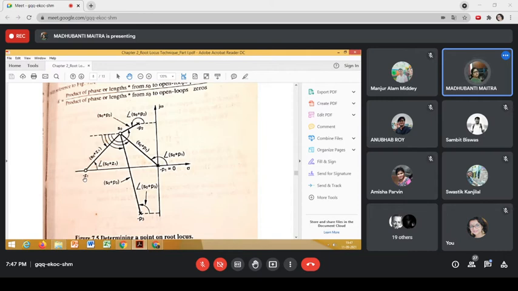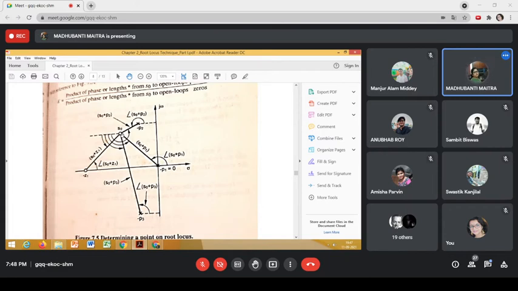Now for such a system, we'll have to construct the root locus. How can we do so? Let's take any arbitrary point on the S-plane, and that will be our trial point. We don't know whether the point is a root of the characteristic equation or not, or whether the root locus will pass through that point or not.